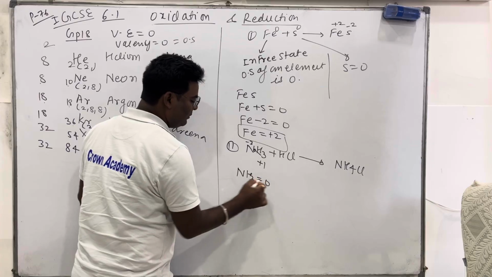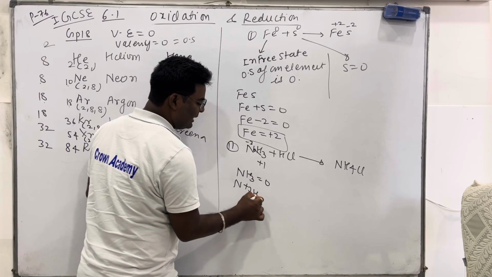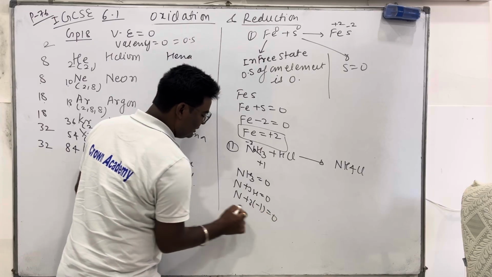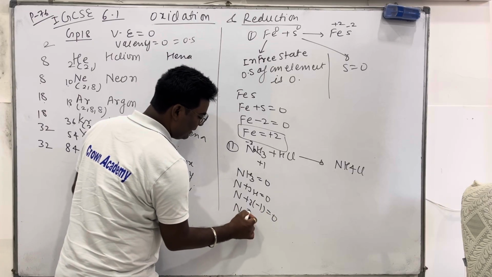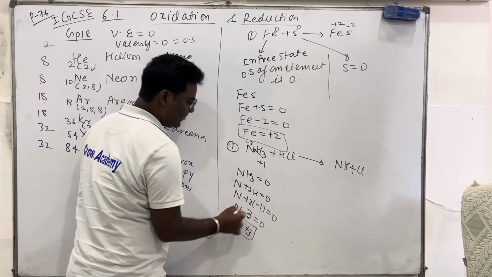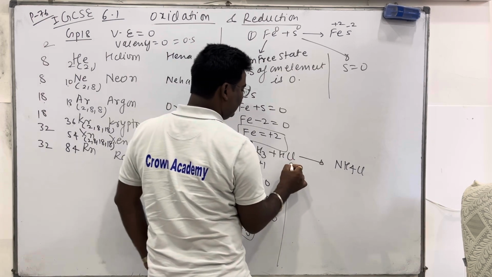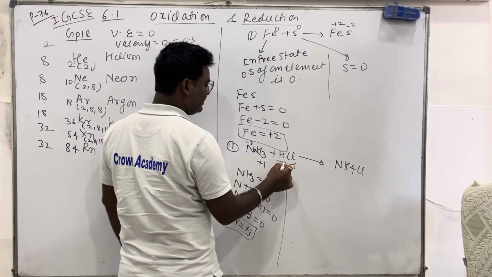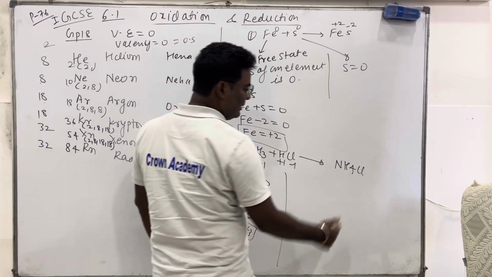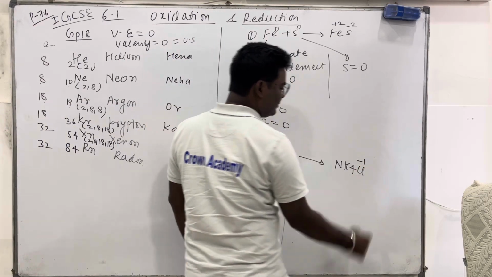NH3 overall is 0, so N plus 3 times +1 equals 0, so N is -3. So in HCl, chlorine has -1 oxidation state, hydrogen has +1 oxidation state.